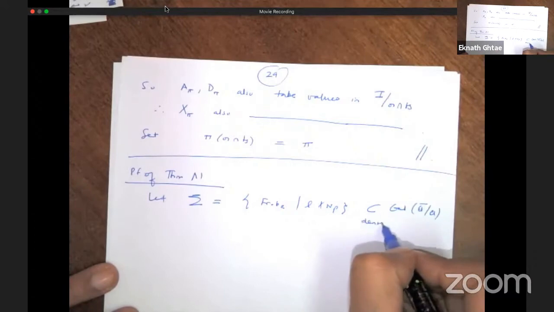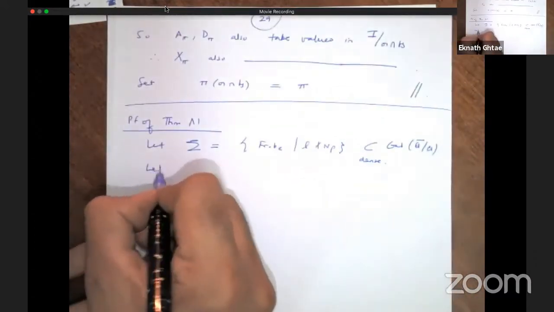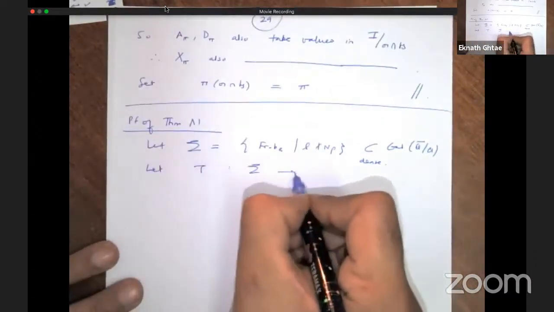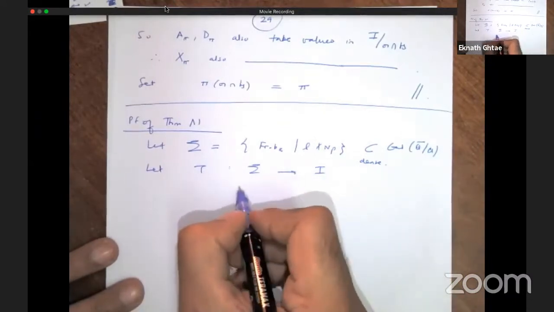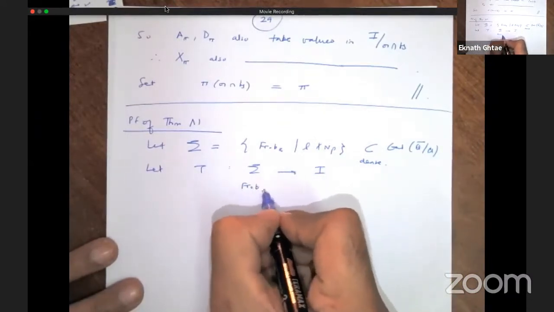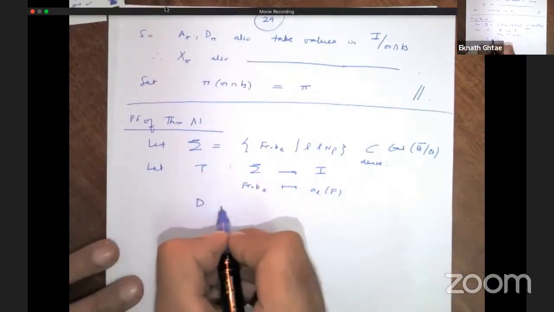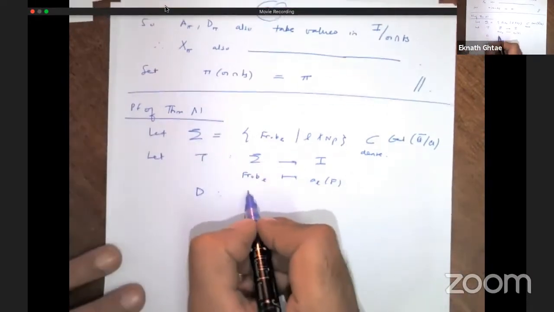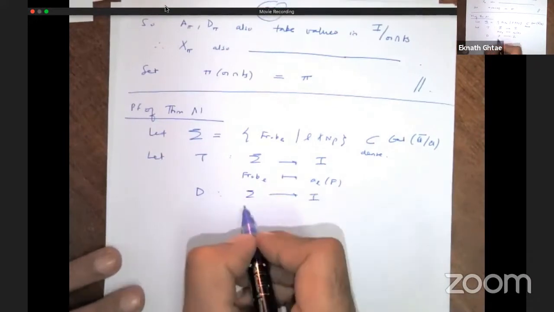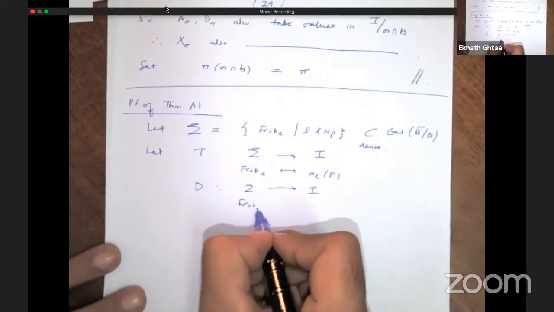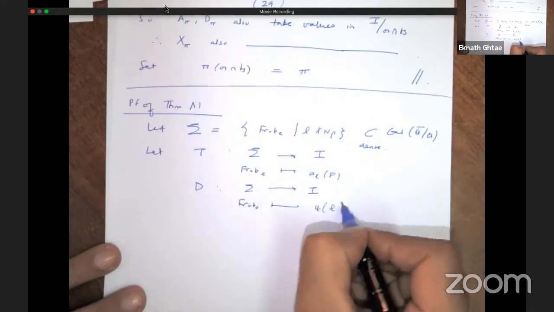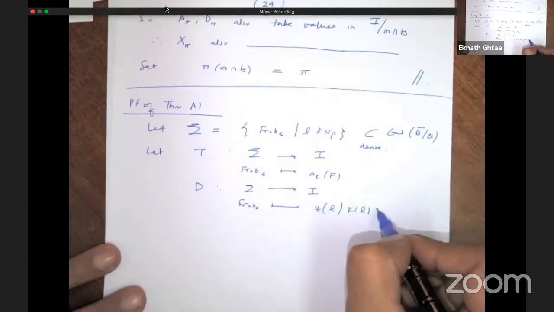It's a dense set. And then let T be the, let's apply the patching lemma to these functions. The A function, and D, the determinant function, which we already have seen now.